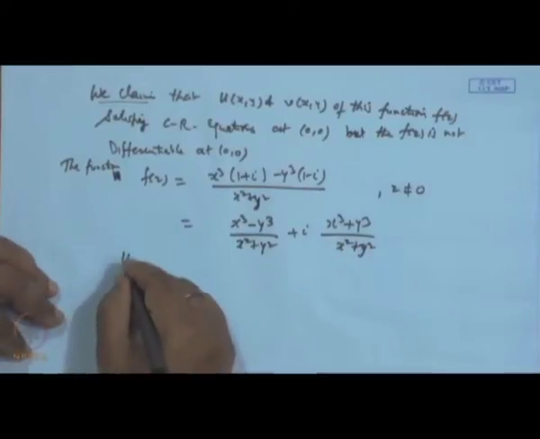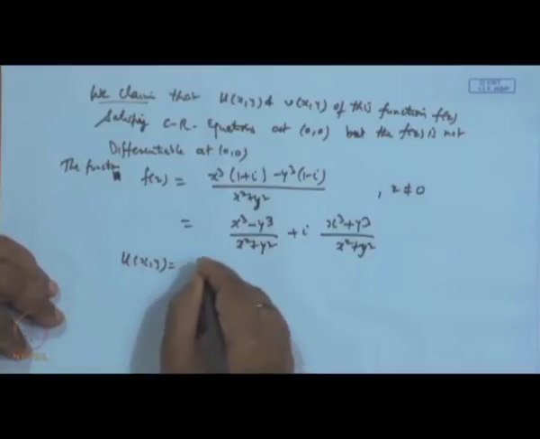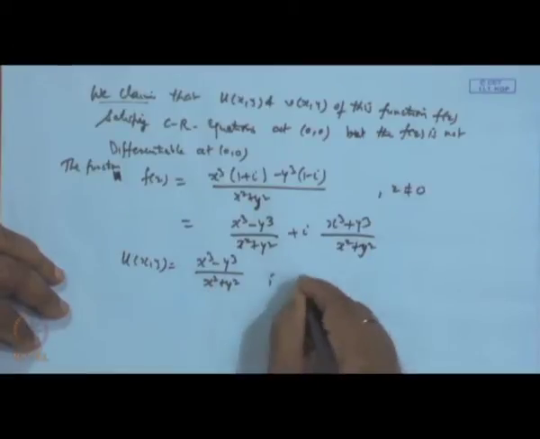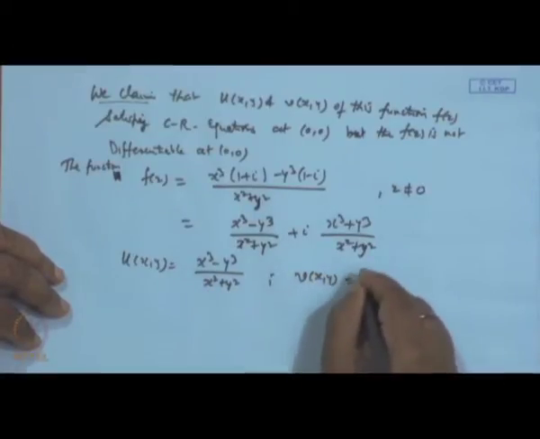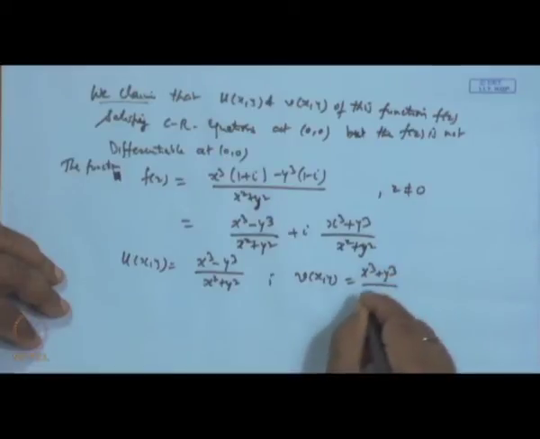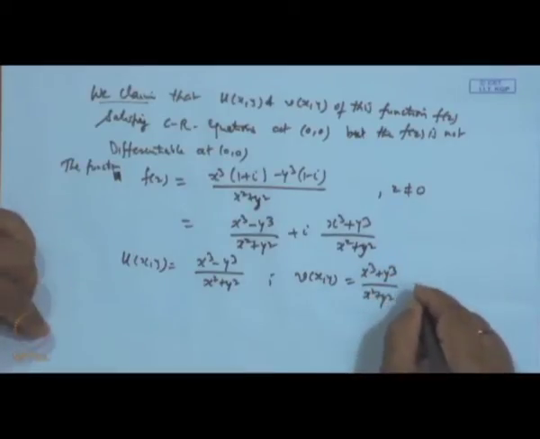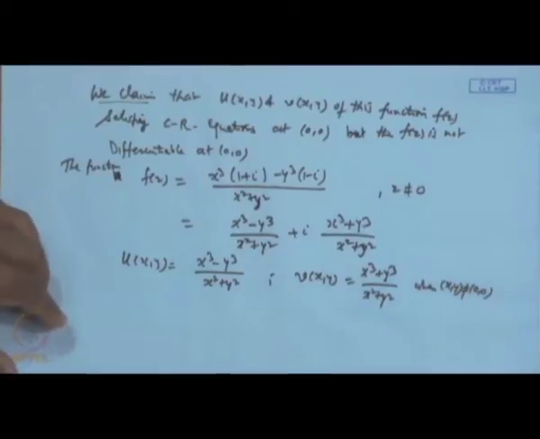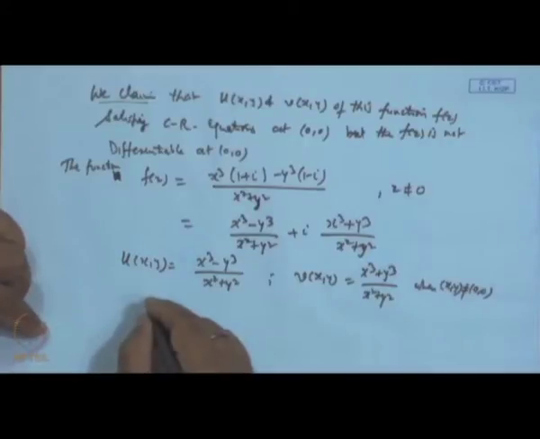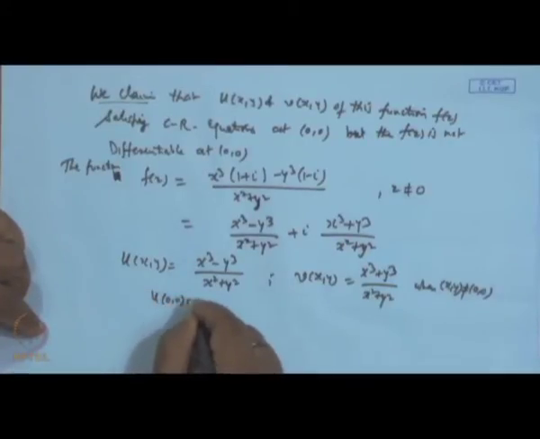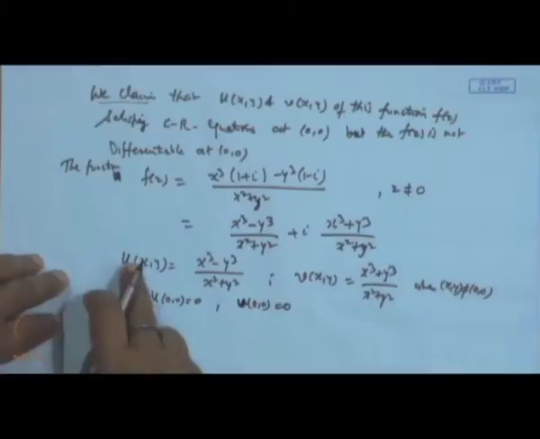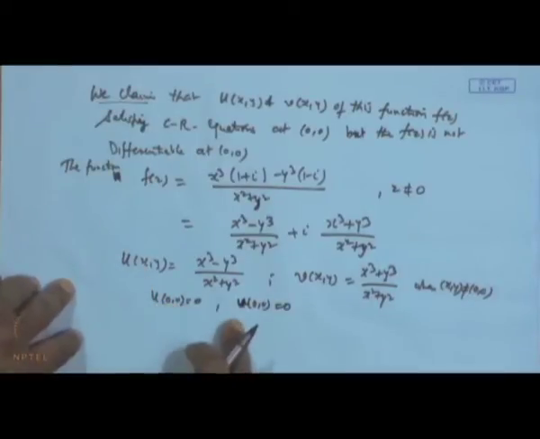So, our u(x, y) becomes (x cube minus y cube) over (x square plus y square), while v(x, y) is (x cube plus y cube) over (x square plus y square), when (x, y) is not equal to (0, 0), and when (x, y) is (0, 0), u is 0 and v is 0.